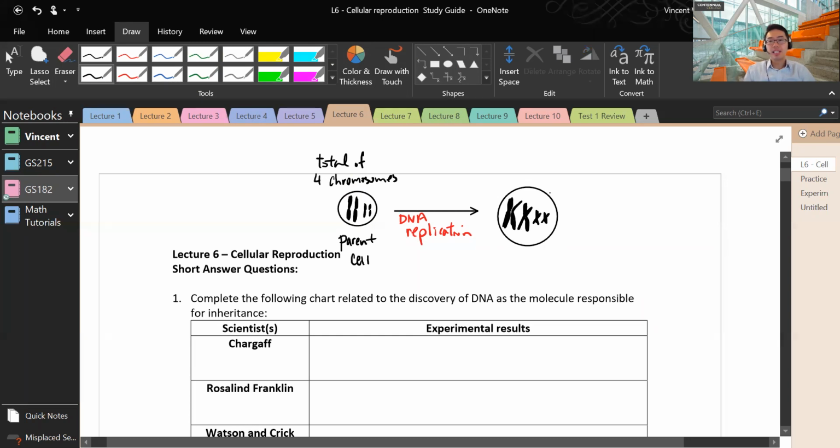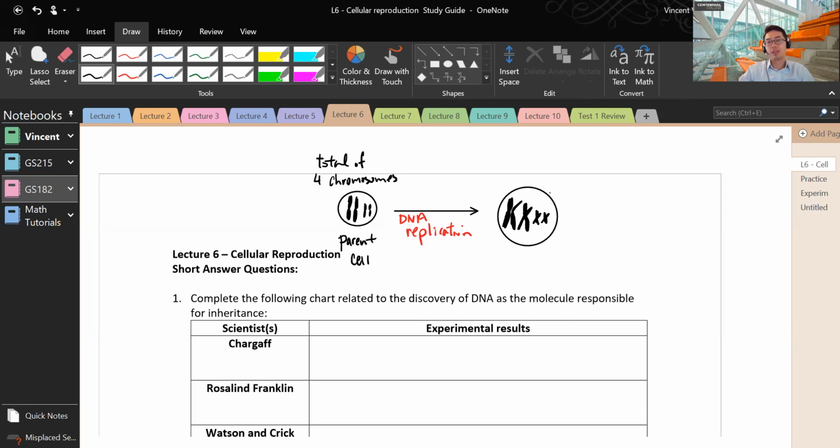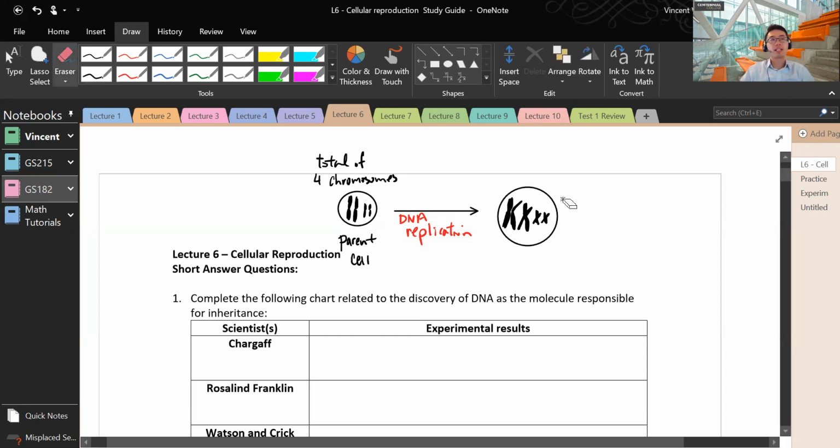And here is the confusion for most people. I was confused as well. Sometimes I still get confused, to be honest. But I would like to ask, how many chromosomes do we have here? You started with 4 chromosomes. And then after DNA replication, how many chromosomes do we have now? Tyler said 4.